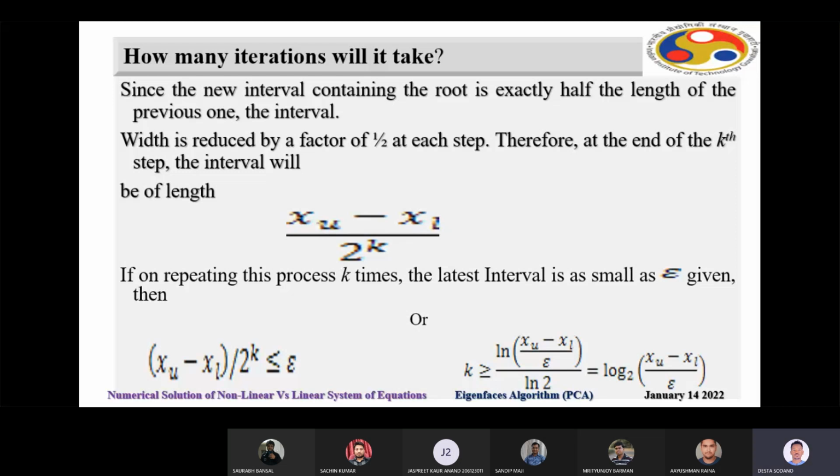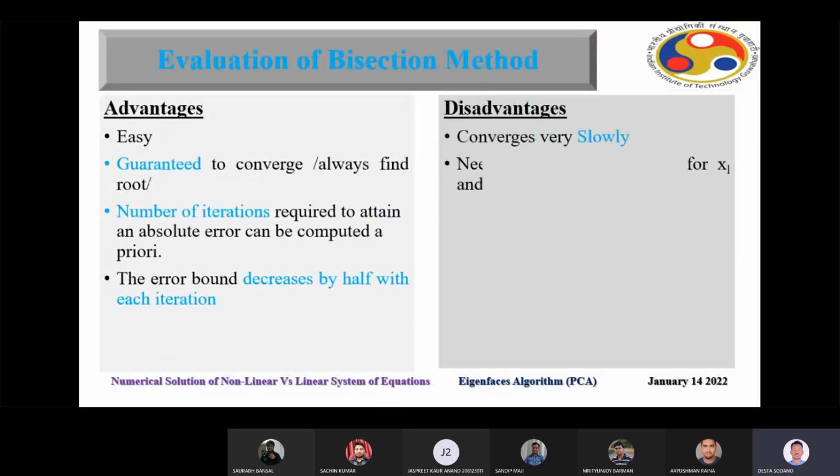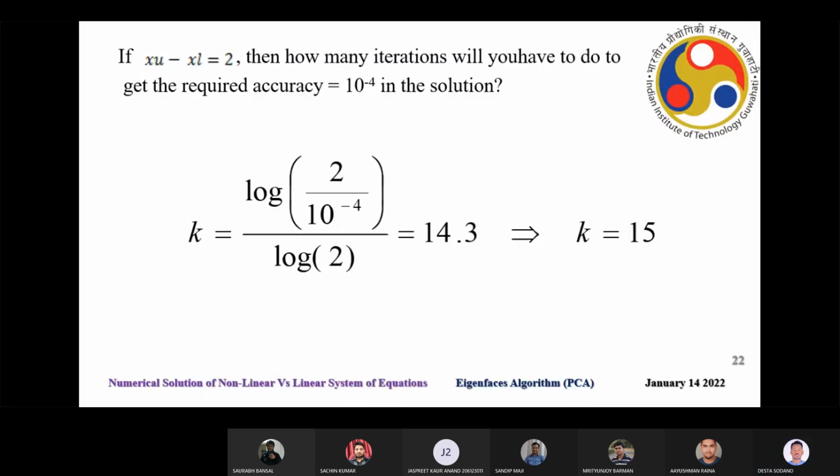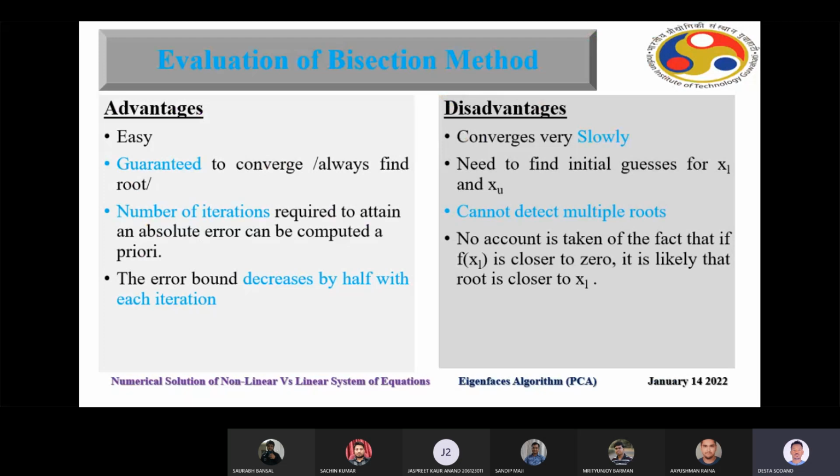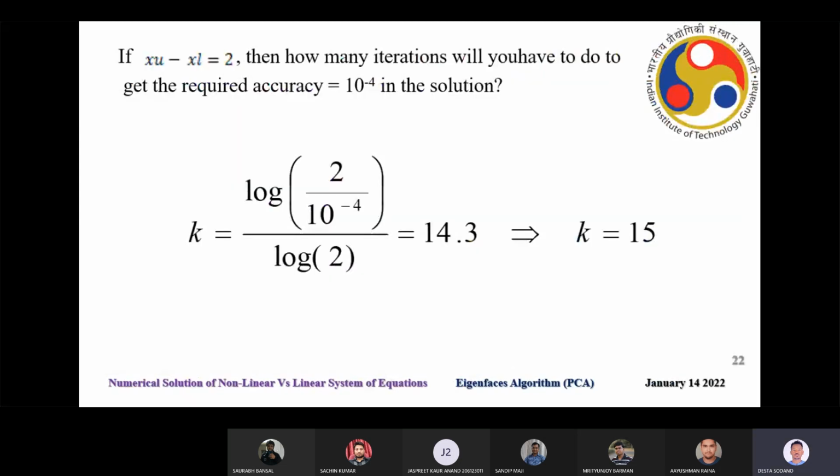What about the advantages and disadvantages of this method? The advantage is that it is guaranteed to converge. The disadvantage is that its convergence, when compared with other methods, is so much slower.